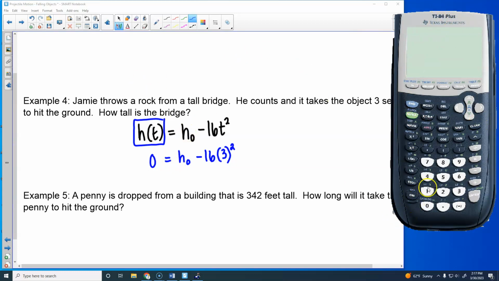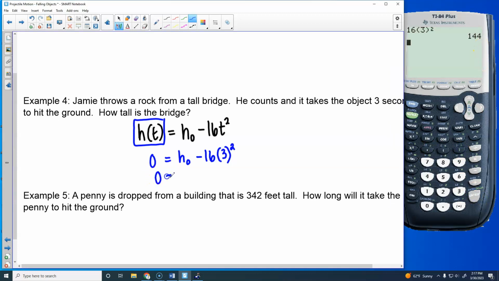Okay. All right, so if we do 16 times 3 squared, we're going to get 144. So 0 equals h sub 0 minus 144. If we just move that over to the other side, h sub 0 is 144 feet. So that bridge would be 144 feet tall.